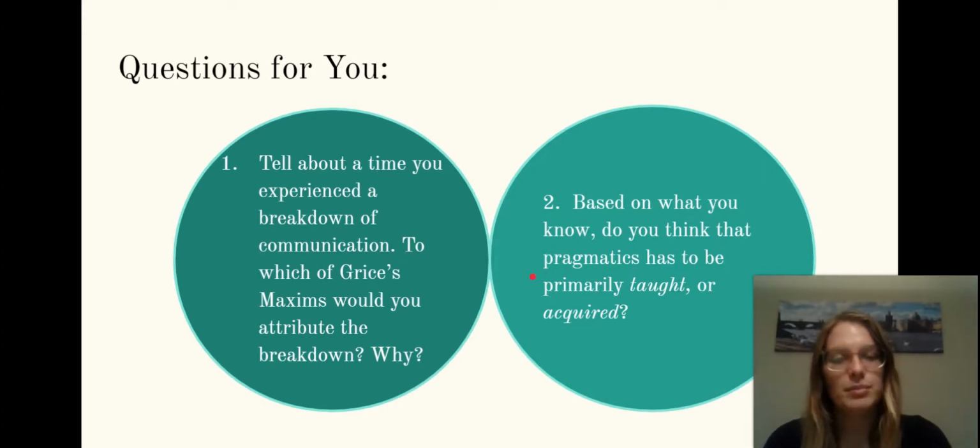So do you think that pragmatics is a thing that you have to explicitly teach, or do you think it can be acquired and picked up? We can support students in the classroom, but which method do you think is how pragmatics is primarily gained? And we're talking about a second language, for English language learners.